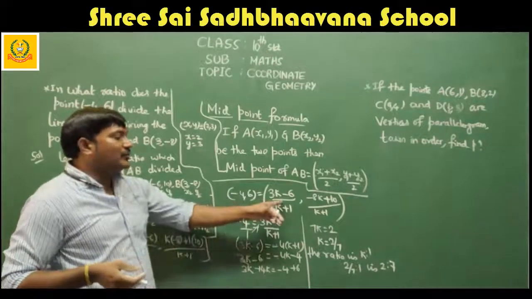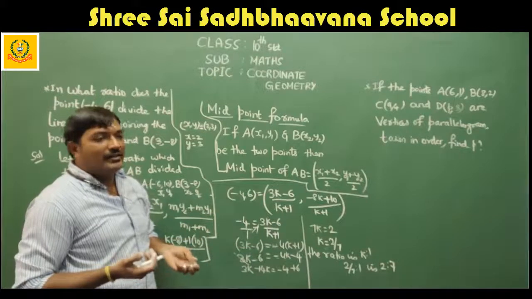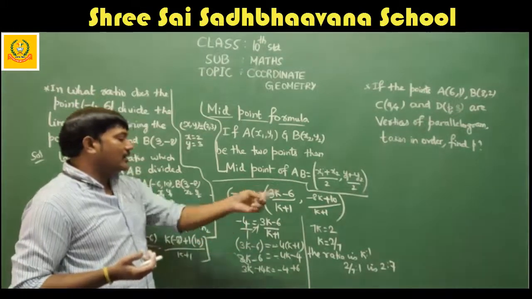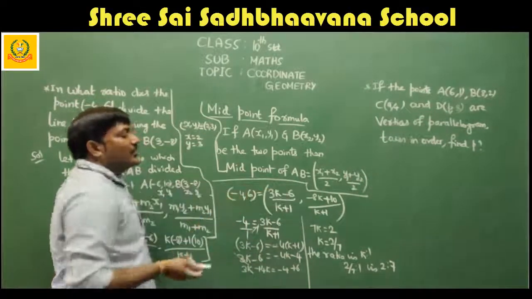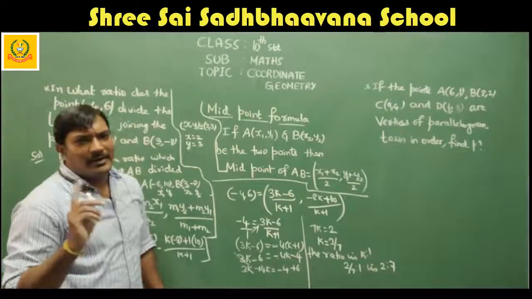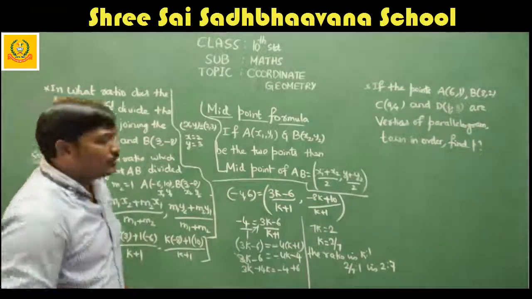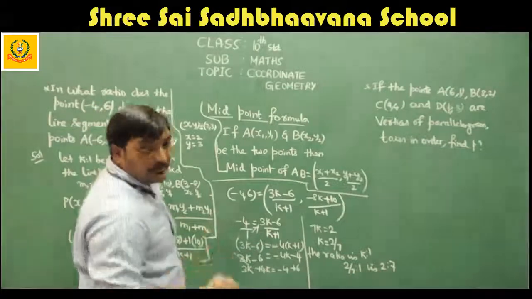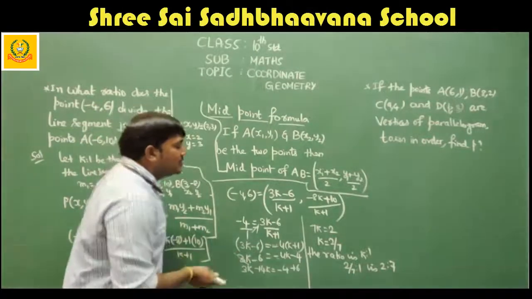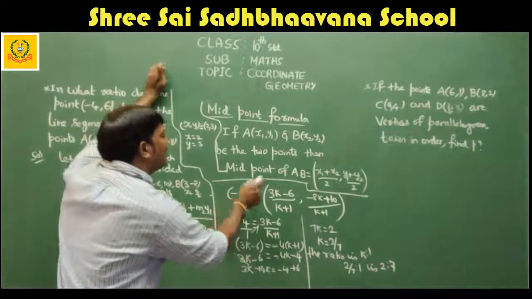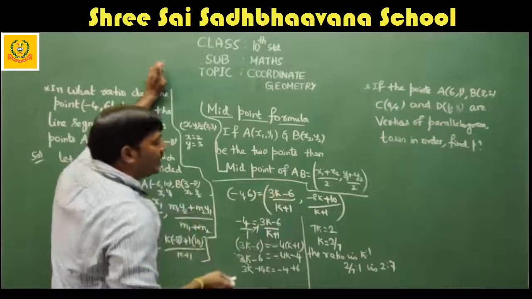If you feel this one is easy, you can take that. Anything is fine, but any one is enough to find the ratio. No need to do both, because you will get the same answer twice. It's a waste of time. So -4 is equal to 3k minus 6 by k plus 1.